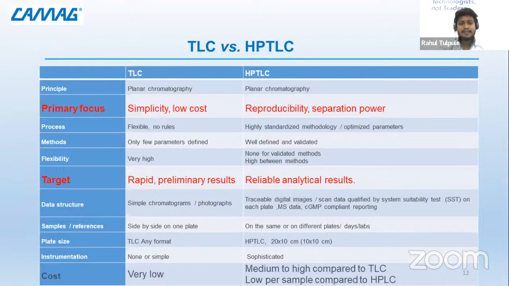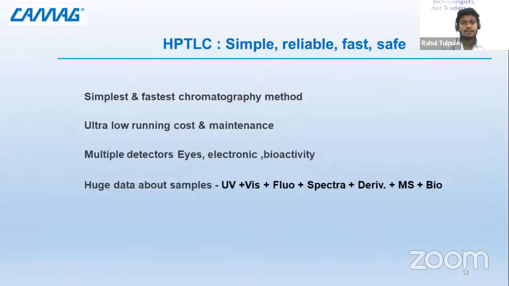For plate size, TLC uses any format of plate, whereas HPTLC uses a given plate format, a 20 by 10 centimeter plate. For instrumentation, TLC needs none, whereas HPTLC uses very sophisticated instrumentation.